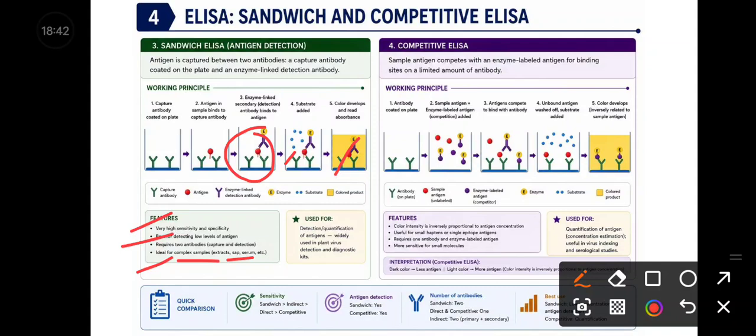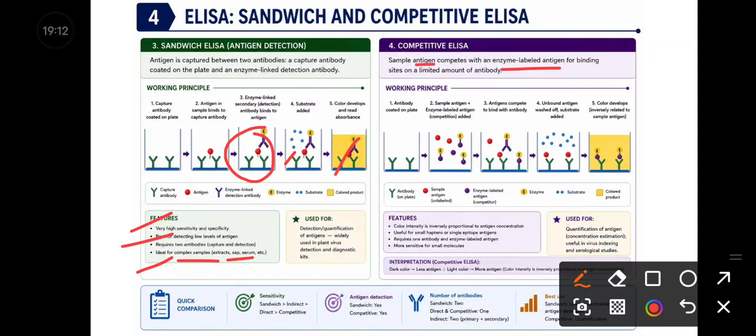In the indirect and sandwich ELISA, we use one antigen, but two types of antibodies are used, primary and secondary. But here in case of competitive ELISA, two types of antigen are used. One is our concerned antigen and another is the reference antigen, that is enzyme linked. So one is the normal antigen and another is the enzyme-labeled antigen.